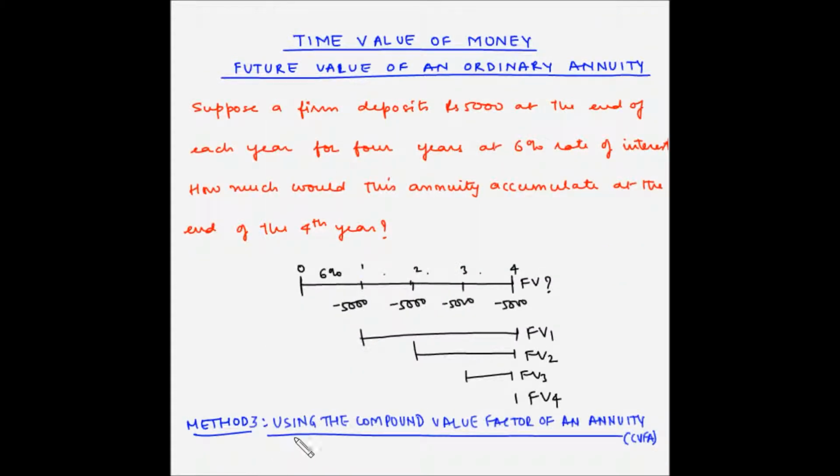The third method is to use the compound value factor for an annuity, which is also known as CVFA, compound value factor of an annuity.